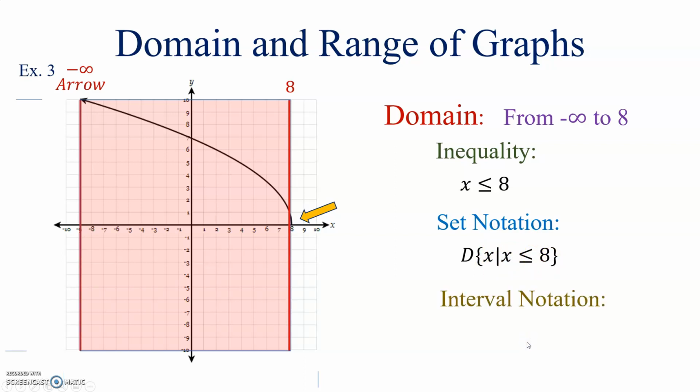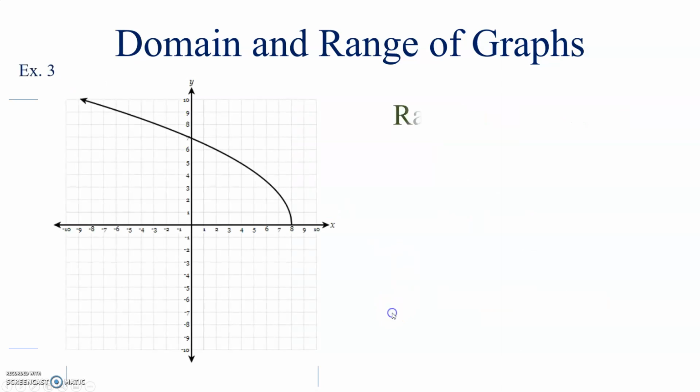And then in interval notation, interval will come straight from there. Open parenthesis, negative infinity, comma, 8, close bracket. So there's our domain. So what's different here is having where it ends with an arrow to recognize that it continues forever.